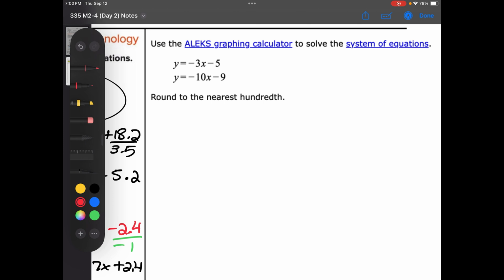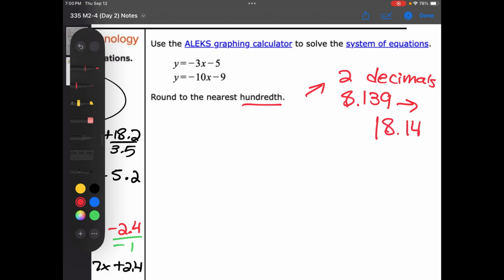You're going to want to use the graphing calculator to solve the system of equations and round to the nearest hundredth. Remember, that is 2 decimals. Okay, so an example would be 8.139. Rounded would become 8.14. Remember rounding, how you would do that. Okay, that's just an example for you.